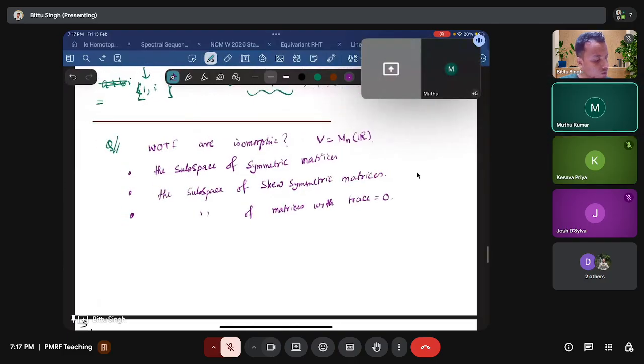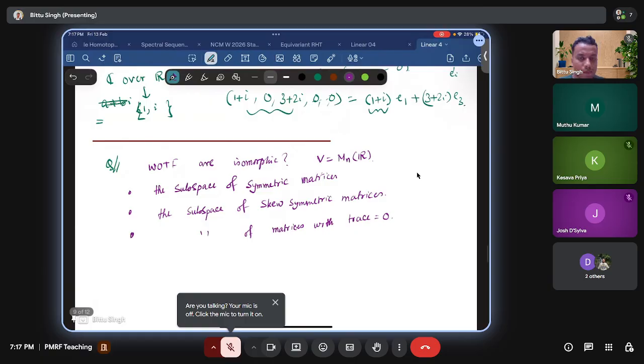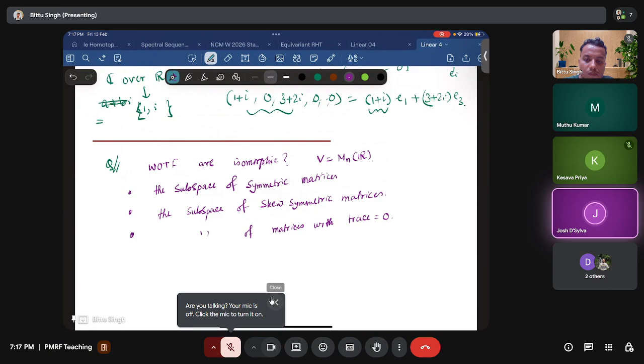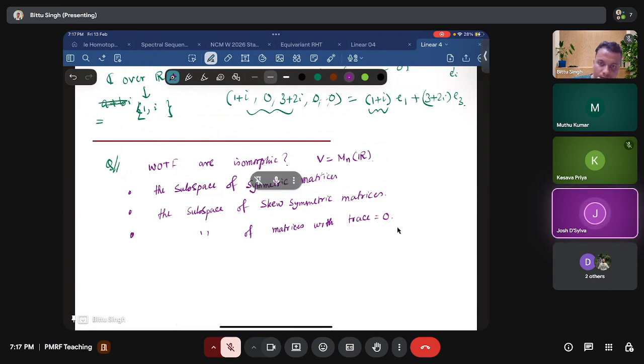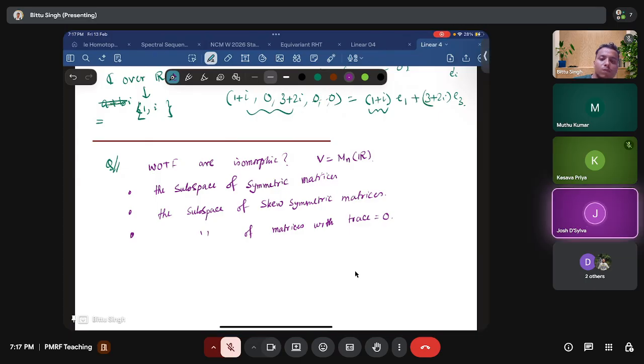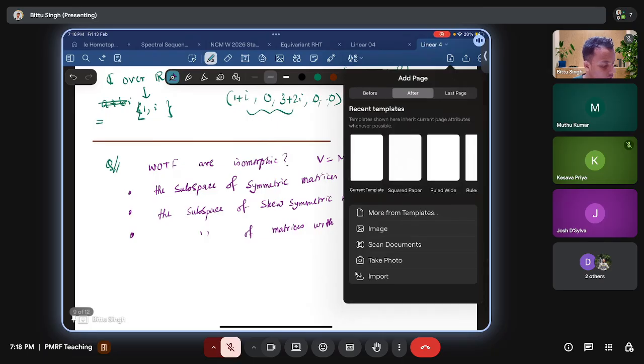Yes, what are you saying? So the subspace of symmetric matrices and the subspace of skew symmetric matrices are isomorphic. Why are those two isomorphic? Because both allow for the same degrees of freedom. Meaning, when you are creating a symmetric matrix, you can choose all the entries in the upper triangle. What you are suggesting is in the right direction, but there is a small issue.